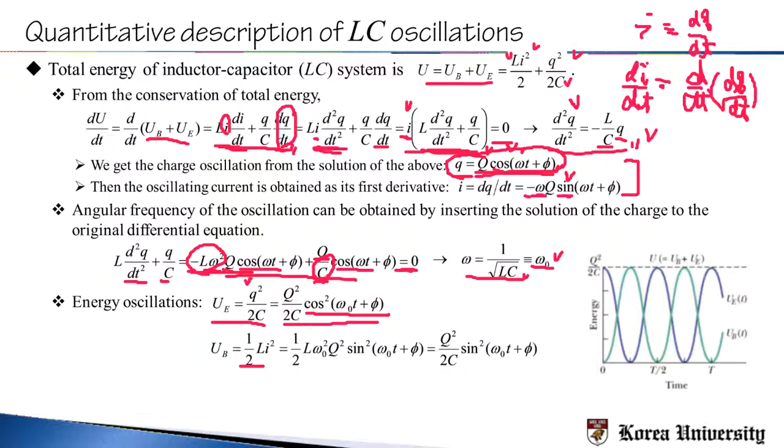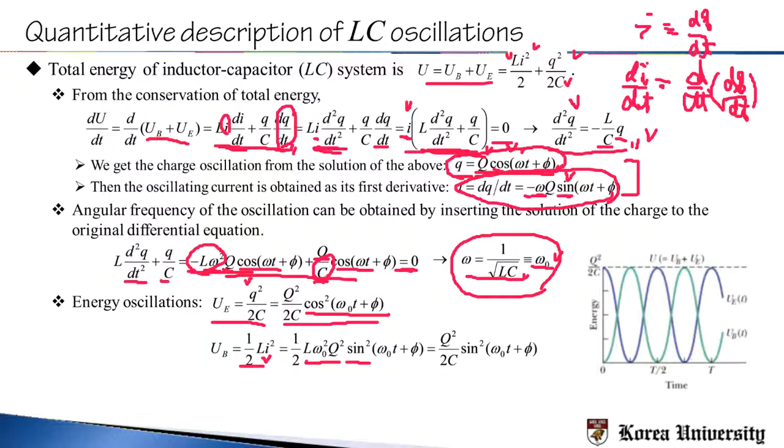Magnetic energy is of course half of L i squared, so try to put this into this equation for the i, and you actually have half of L omega 0 squared multiplied by Q squared, and then sine squared. But then try to see this.